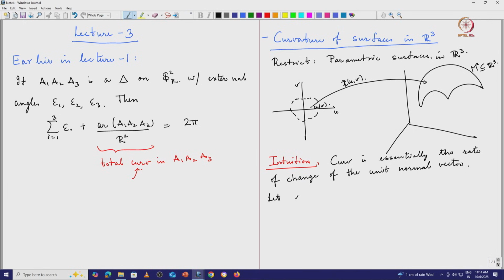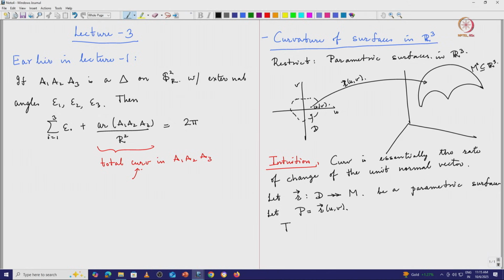Let us introduce some notation. Let this be a domain D and let R be a surjective map from D to M. You are parametrizing points on M using this function R. So let this be a parametric surface. Let us take a point P given by R of some u comma v.